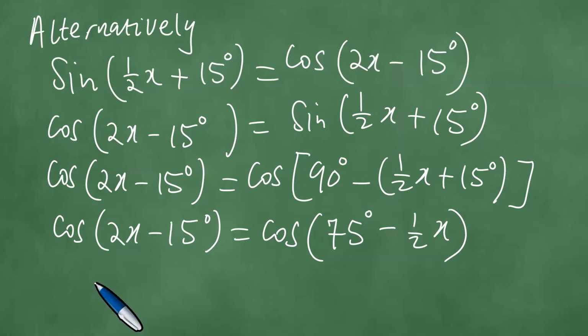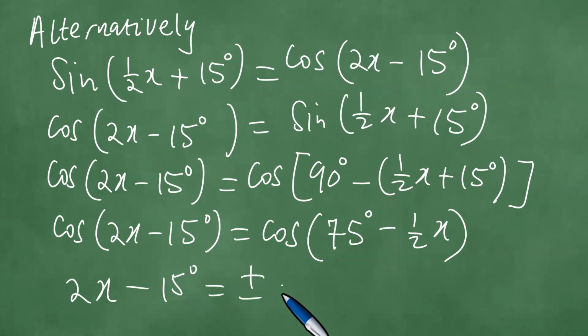We look at these and examine them, and we're able to get two results. 2x minus 15 degrees is plus or minus 75 degrees minus 1/2 x.